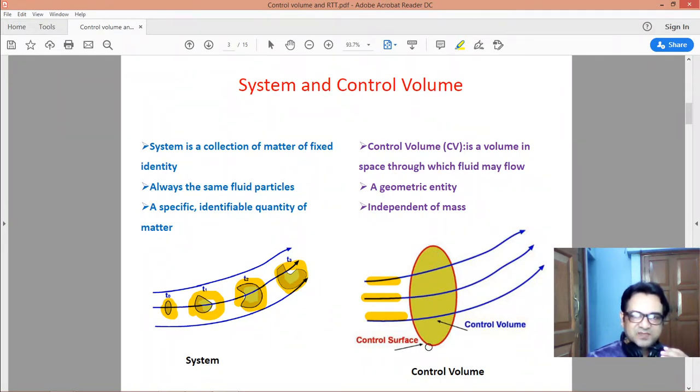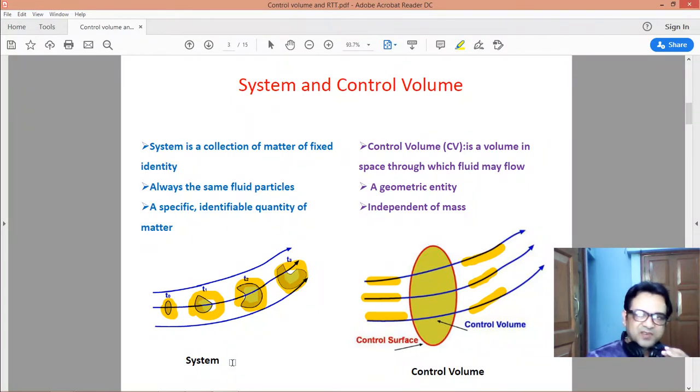For a fixed control volume, the control volume is not moving and the particles are moving, entering the control volume and leaving the control volume. Generally the control volume is surrounded by a control surface, represented by dotted lines. Through this control surface, mass and energy enter, as well as leave the control volume.